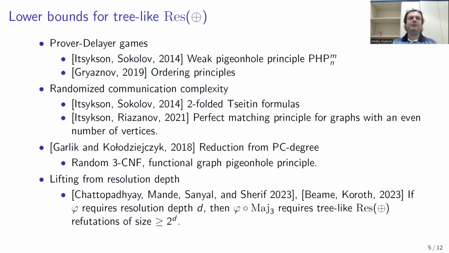There are many papers establishing lower bounds for tree-like resolution over parities, with many different approaches, including proof-liar games, reductions from randomized communication complexity, reductions from polynomial calculus degree, and I also want to mention recent papers that introduced lower bounds via lifting from resolution depth.